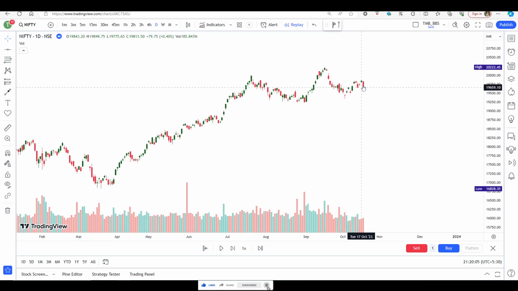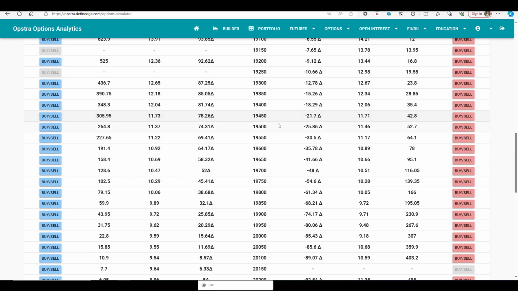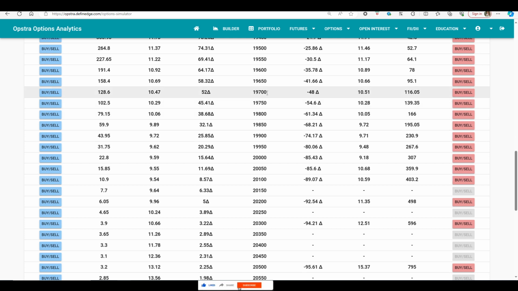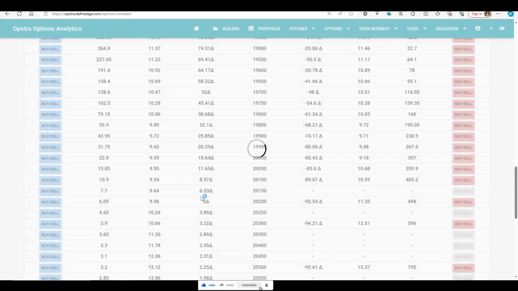What is the bias? The price closed below the previous day low, so it is a bearish bias. What we have to do is buy the 19,700 PE, because that is a bearish bias, so I am buying the put option.